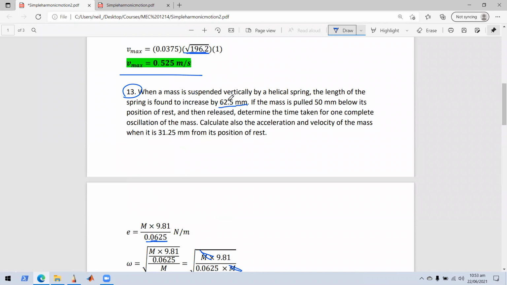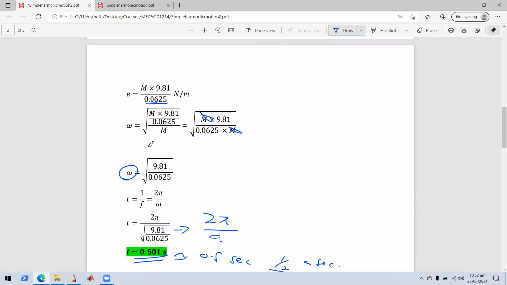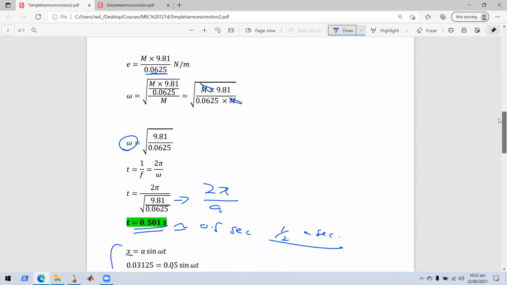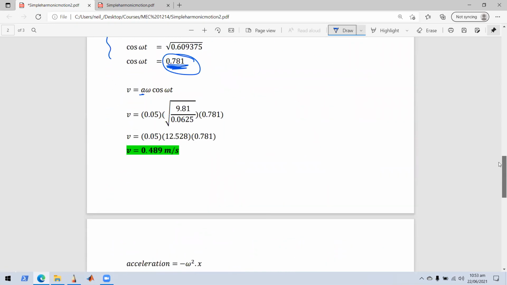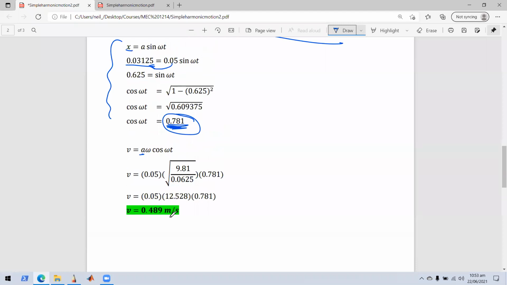This here is 62.5 millimeters, which is from our calculations for omega. It just happens that they look the same, but this is actually 0.625 and this is 0.0625. They're not the same number.